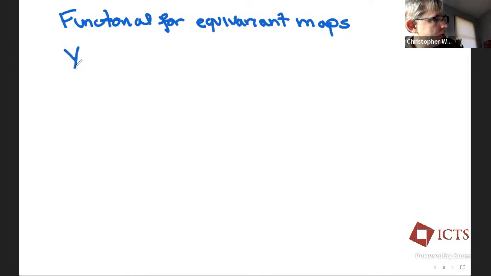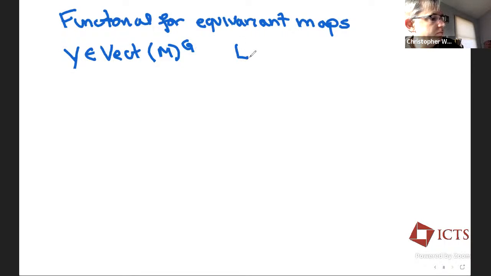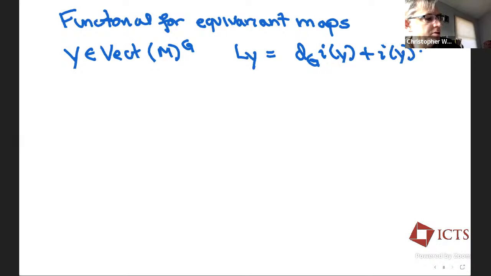Here, if you have an infinitesimal equivariant map as an invariant vector field Y, and if I look at the Lie derivative of this, I can write this as d_G i_Y plus i_Y d_G.